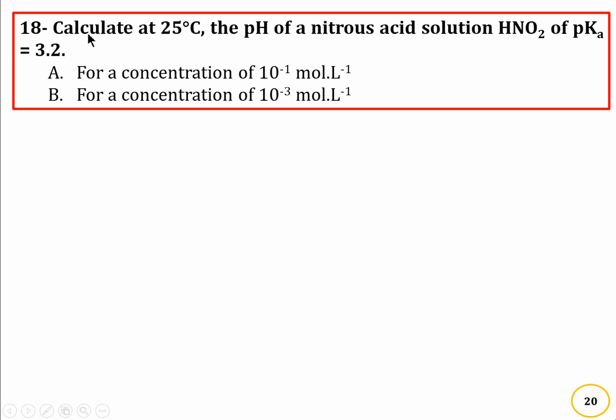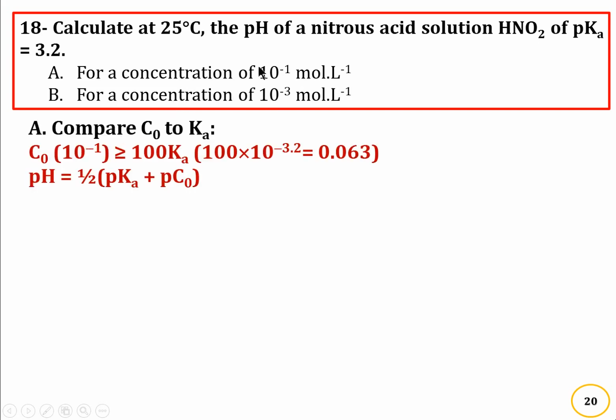Exercise 18. Calculate at 25 degrees the pH of nitrous acid solution HNO2 of pKa 3.2 at different concentrations. So the objective of this exercise is to know which formula of the weak acids formulas should be used according to the concentration in question. We'll start by part A. The concentration is 10 minus 1 and Ka equal 10 minus 3.2, so we have to compare C0 to Ka.